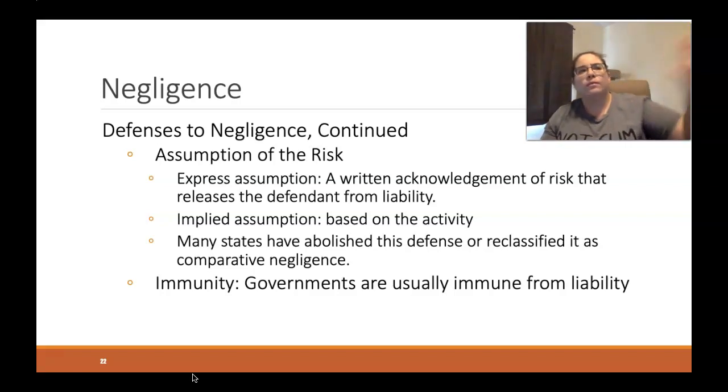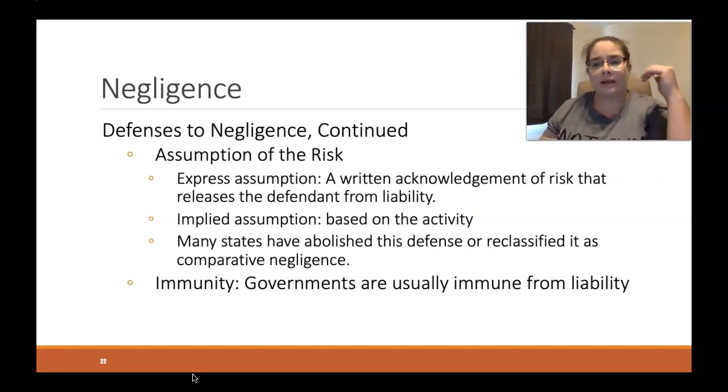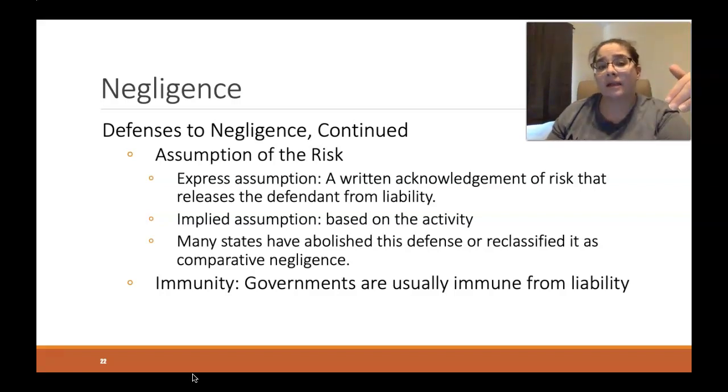Because let's say you go to a ski resort, and every single person that gets on that mountain has to sign one of those. What is the incentive that the resort has to take care of you and to take care of the lifts and to take care of the mountain and to make sure that everybody's safe? None, right? Because everybody signed away their liability. And so recognizing that, we have eliminated that as a complete defense.